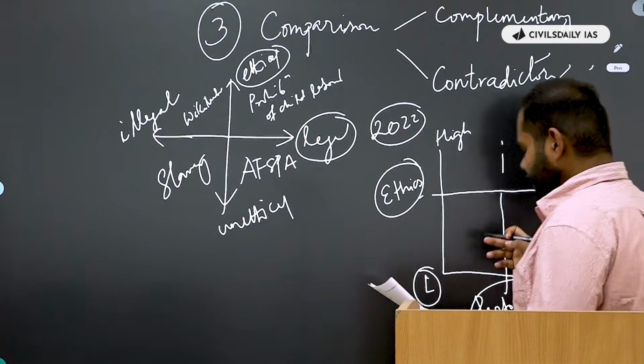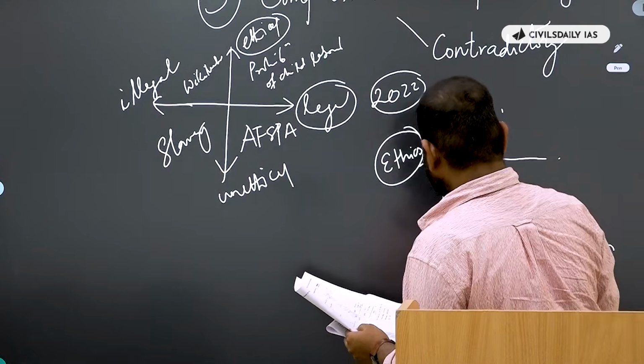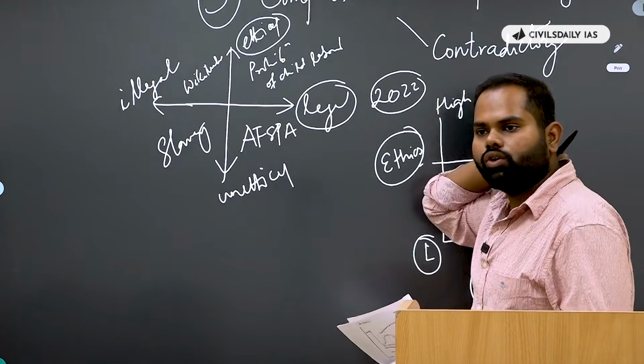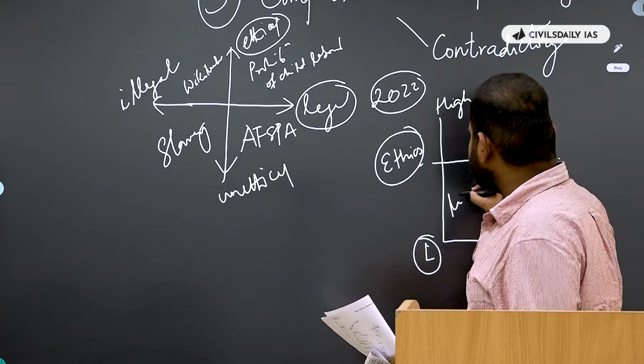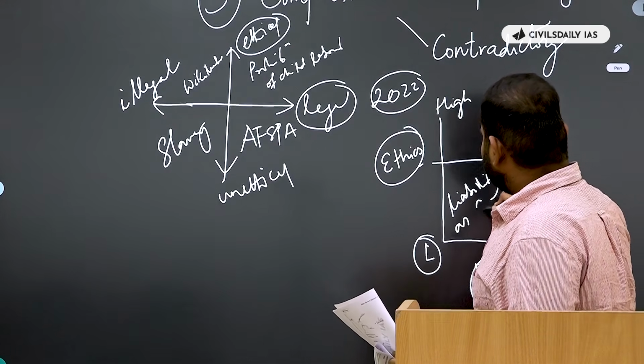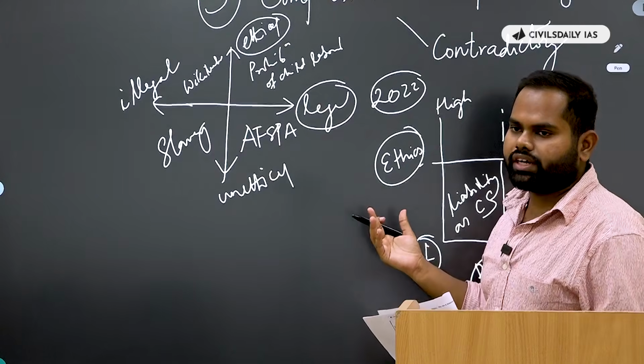So when somebody whose ethics is low and performance is low, basically is a liability as a civil servant, pertaining to what the question had asked.